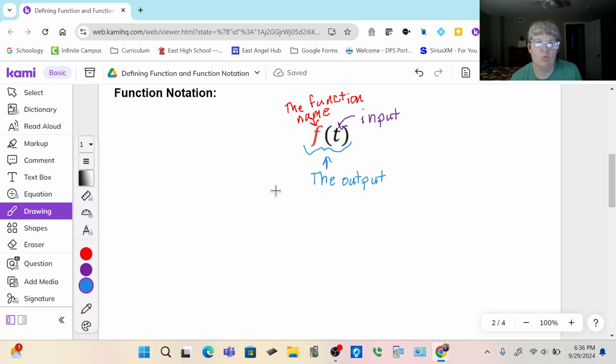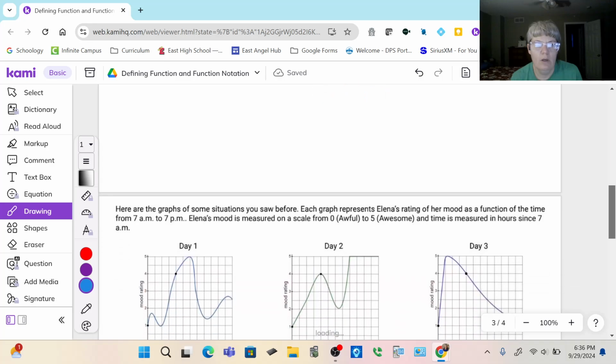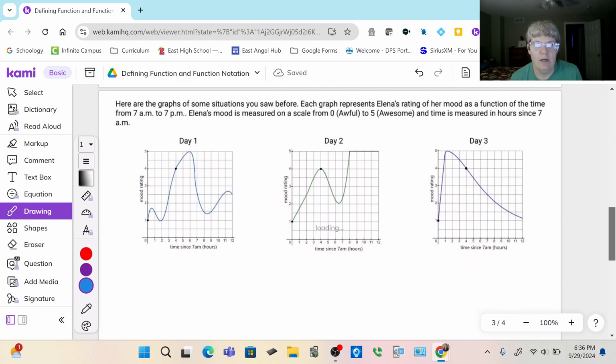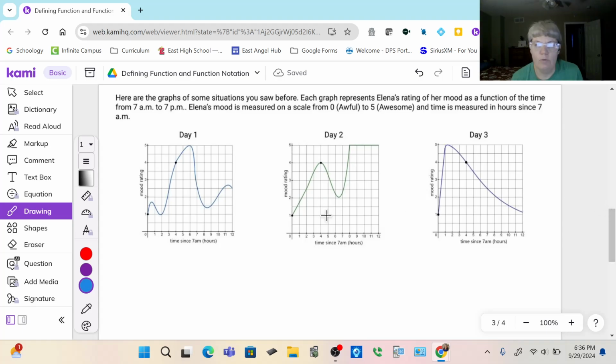So let's practice writing some things here in function notation. Here are some graphs. If you're in my Math 1 class, then you know that these graphs are from Elena's Mood app, and we had information about 3 different days.